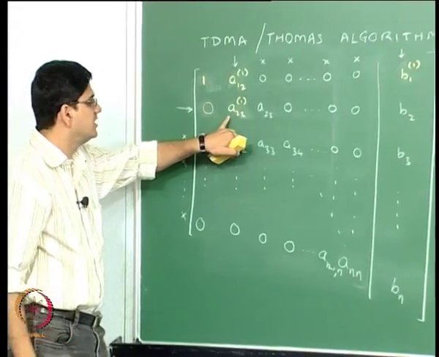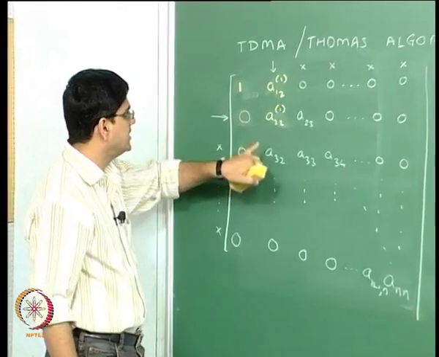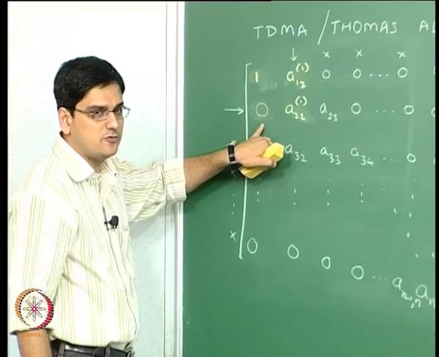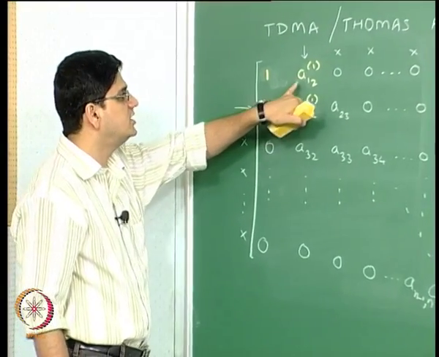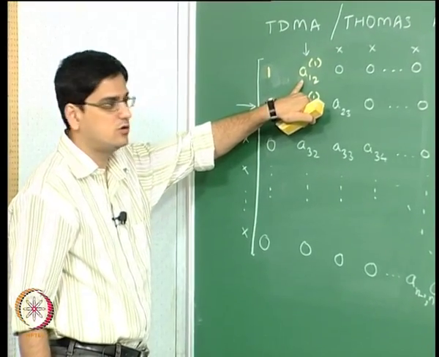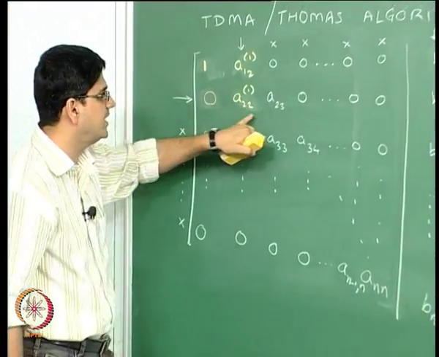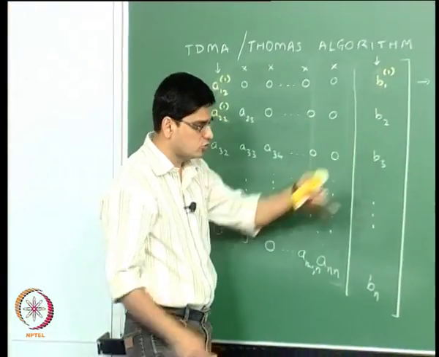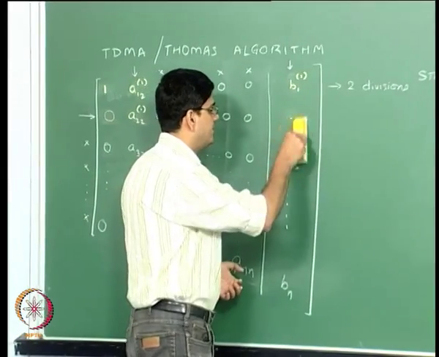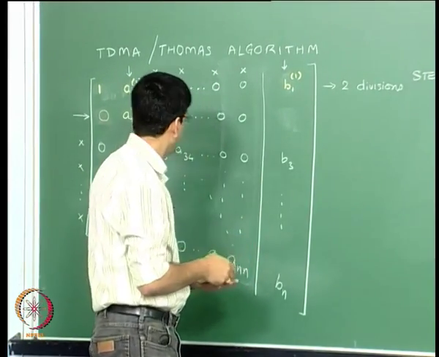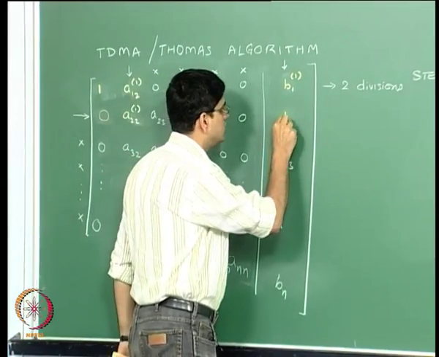A221 is nothing but A22 minus A21, which was the old value over here, multiplied by A121. None of these numbers change, these numbers remain as they are, and B2 gets changed to B21, again using the equation that I had shown earlier.